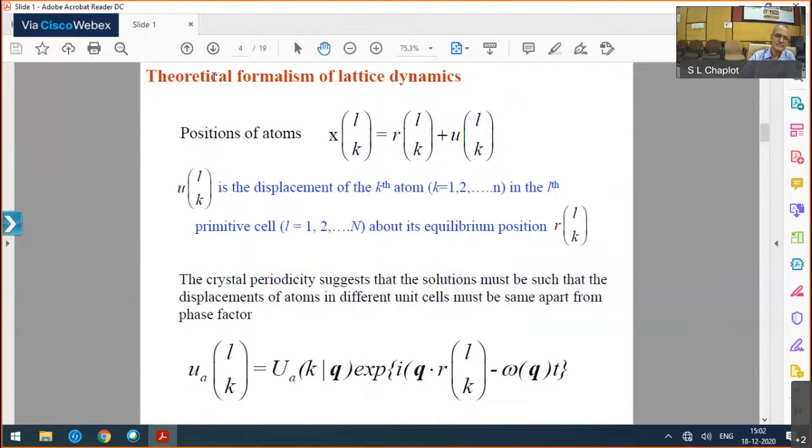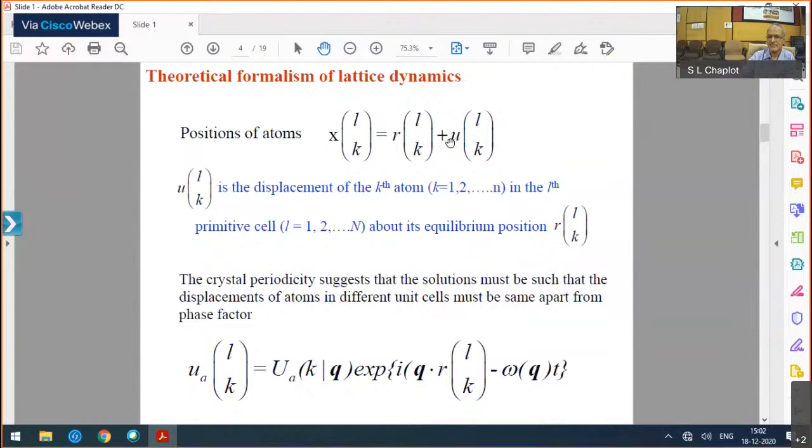Okay. As far as the theoretical formalism of lattice dynamics goes, here we have the concept of phonons when the vibrational amplitudes are small. So these are the mean positions of the atom k in a unit cell l. You can say l1, l2, l3, three indices of a unit cell, and an atom k.